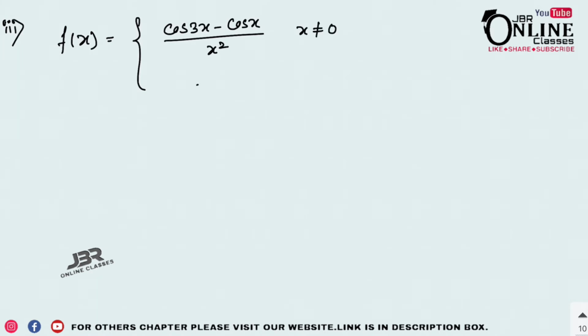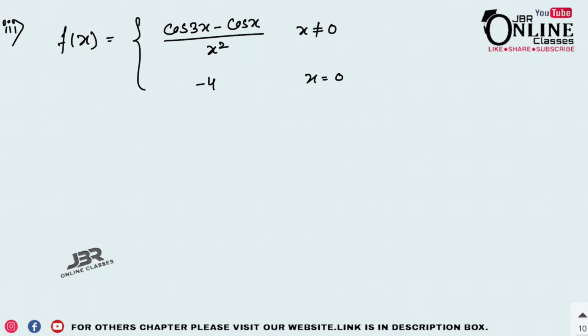Okay, so first write it down. f(x) equal to cos 3x minus cos x divided by here x square when x not equal to 0, and minus 4 when x equal to 0. Is it clear?